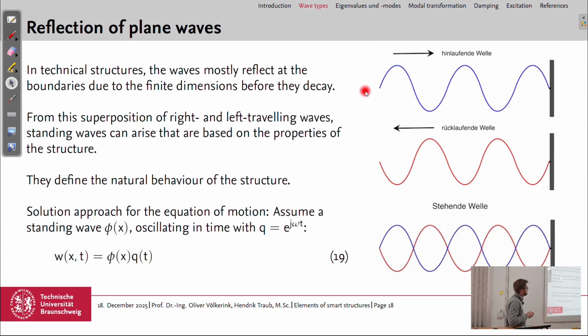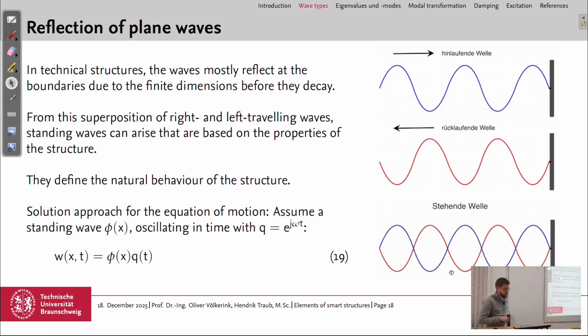So we have, for example, here a right traveling wave being reflected, and then we have a left traveling wave. And from the superposition of these two waves, we get so-called standing waves, which have nodes here and antinodes.